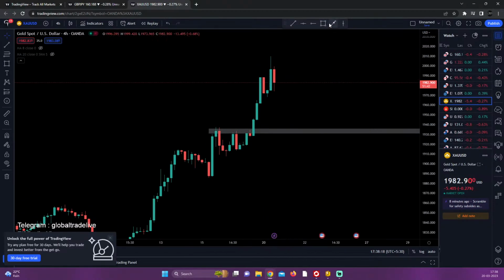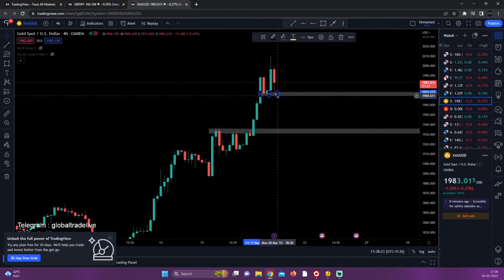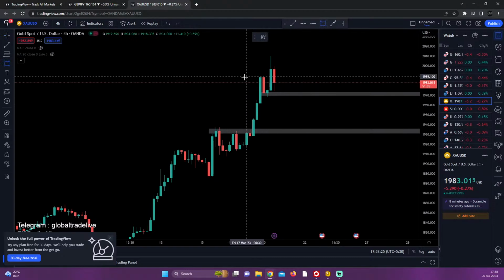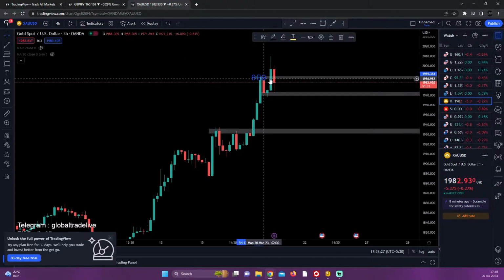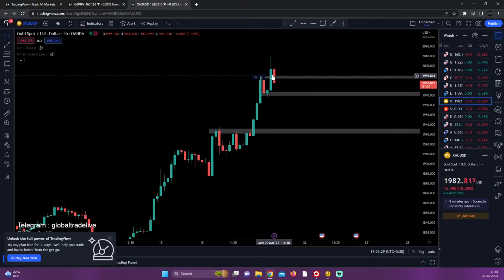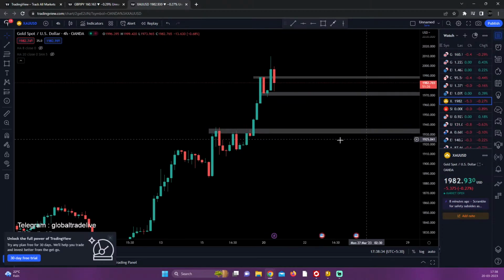The market went up, created a high, and then it created a support over here, right? And it just broke that high and closed above. So right now this 4-hour candle still has 51 minutes left to close, right?